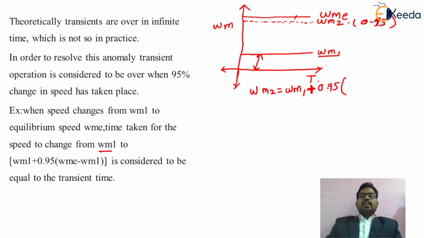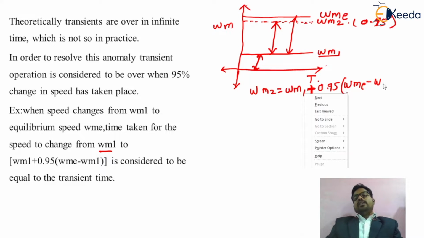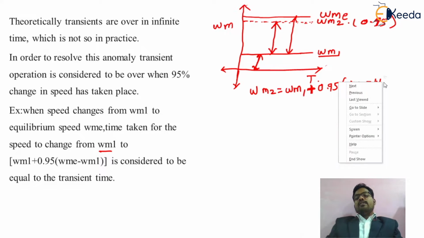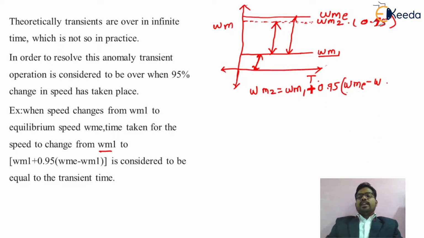We want to get omega m2. So this is the total value of omega me minus omega m1, and we will get the actual value of omega m2. While substituting the value of the equilibrium speed with respect to omega m1, we get the value of omega m2.